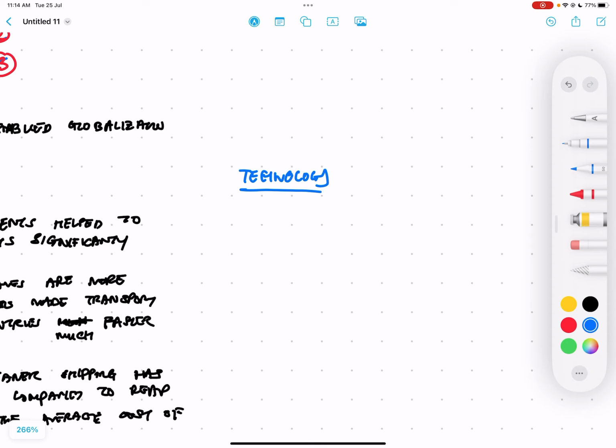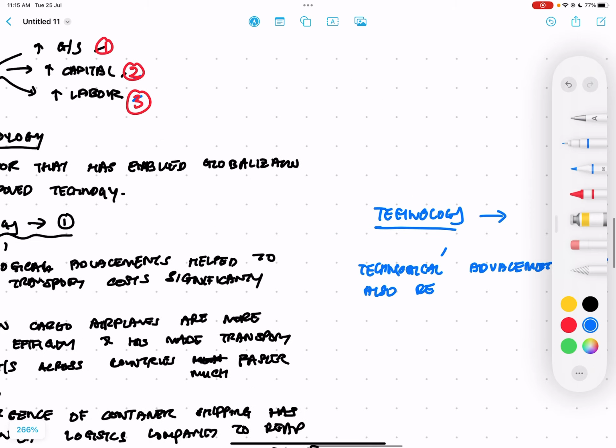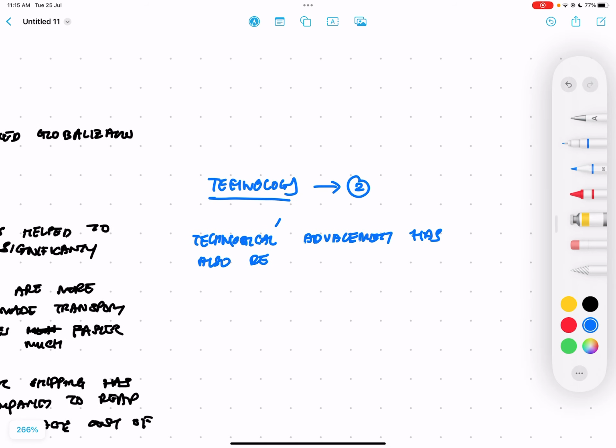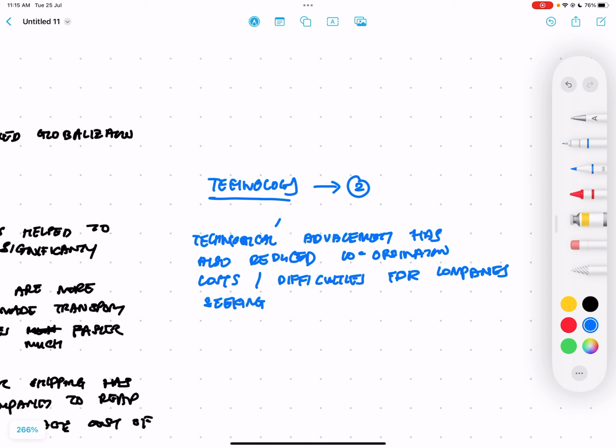Technological advancement has also reduced, sorry, this is for number 2, has also reduced the coordination costs and difficulties for companies seeking to offshore or outsource their operations.